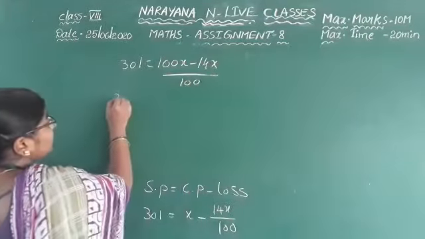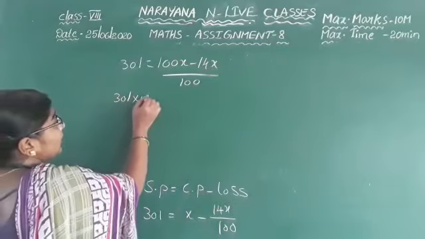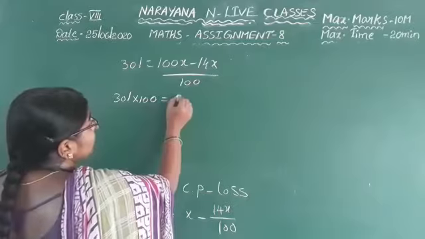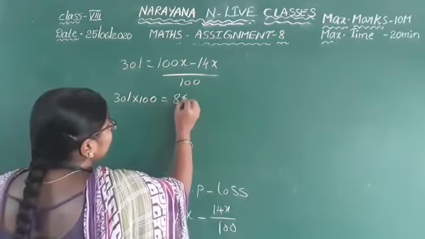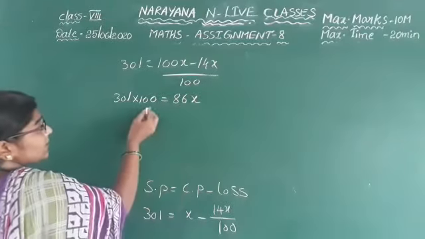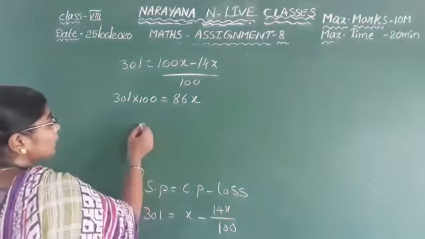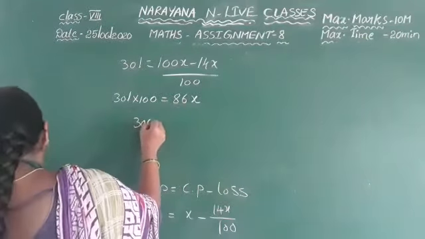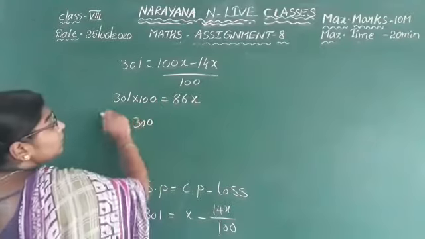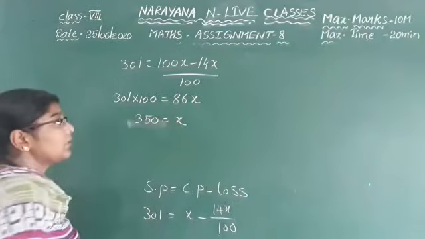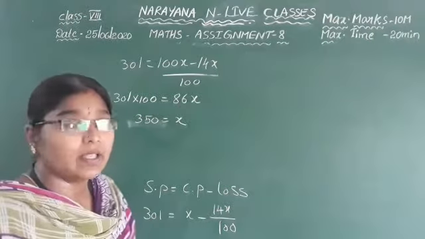The 100 comes to this side, so 301 into 100 is equal to 100 minus 14, which is 86x. So the value of x is 350 rupees. We found the x value.